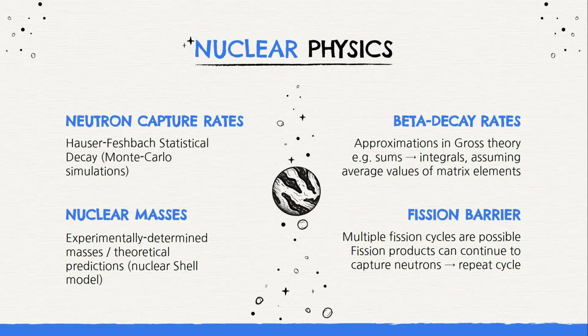For neutron capture rates, they can use Hauser-Feshbach statistical decay, which is some sort of Monte Carlo simulation. This describes the decay of a compound nucleus in statistical equilibrium through the evaporation of particles and photons until a ground state or long-lived isomer is reached.